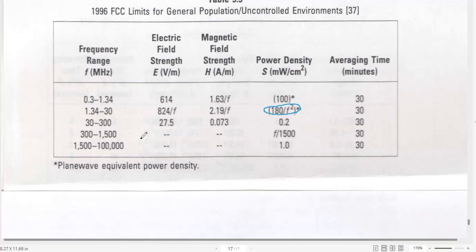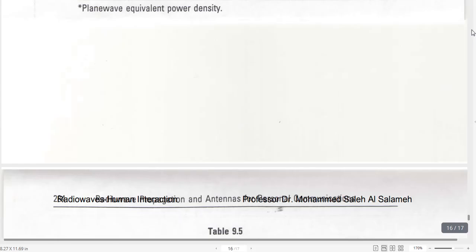And for the frequency range of 30 to 300 megahertz, the limit is 0.2 milliwatt per centimeter squared. For the range from 300 to 1500 megahertz, the limit is the frequency in megahertz over 1500. Above that, the limit is fixed. It is 1 milliwatt per centimeter squared.